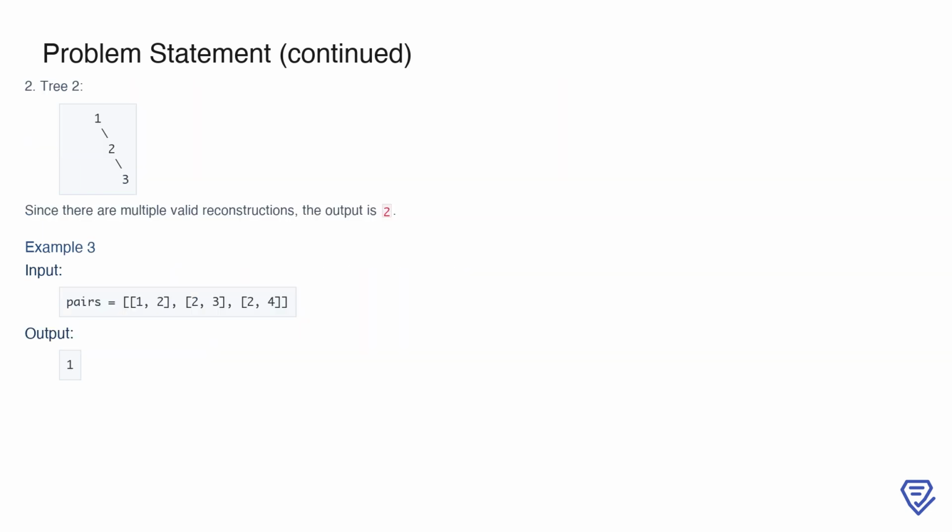In the second possible tree, the structure is a straight line, similar to the first example. Here, node 1 is still the root, but node 2 becomes the child of 1, and node 3 becomes the child of 2. Since both of these configurations align with the input pairs, there are two valid reconstructions of the binary tree. Therefore, the output is 2, indicating multiple valid reconstructions.